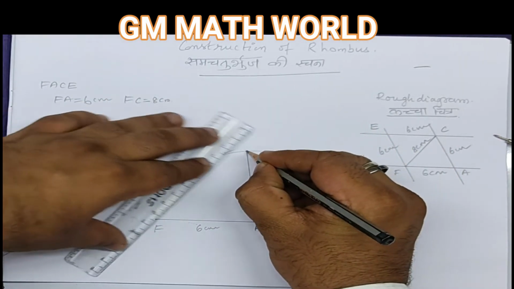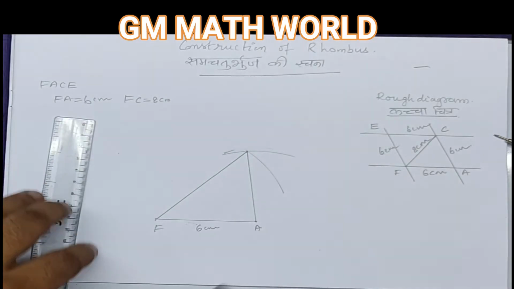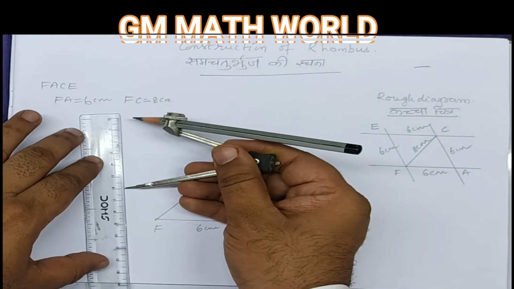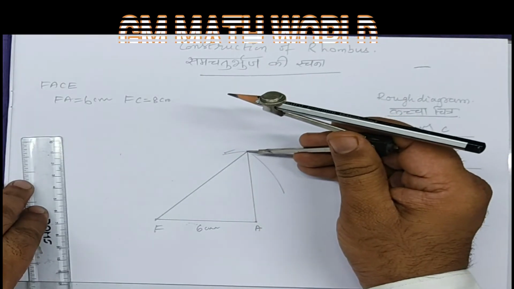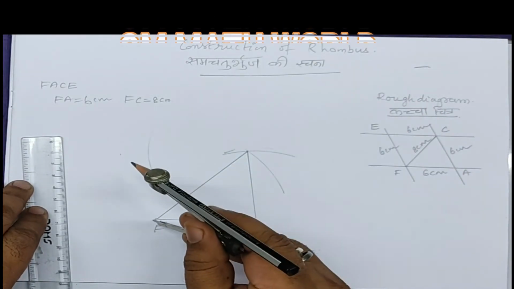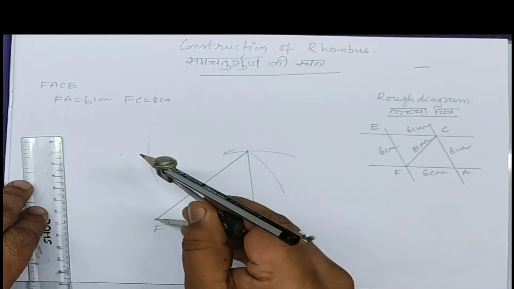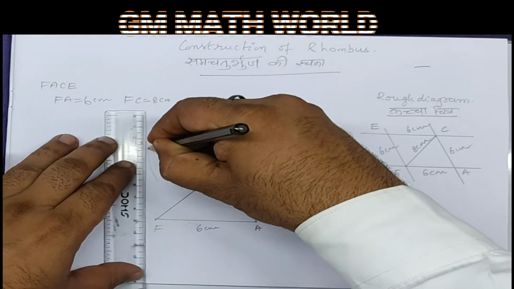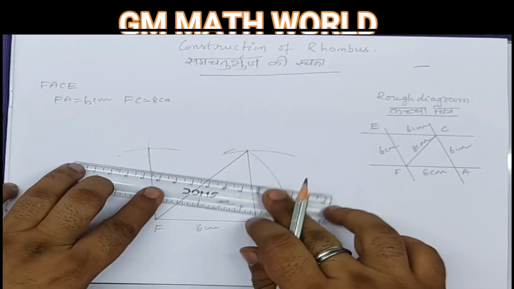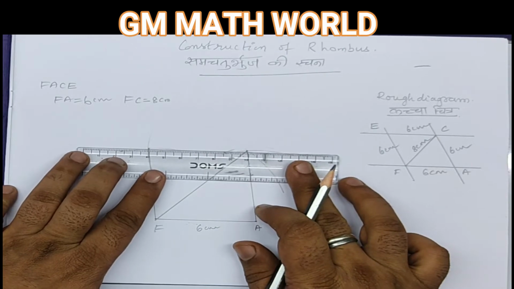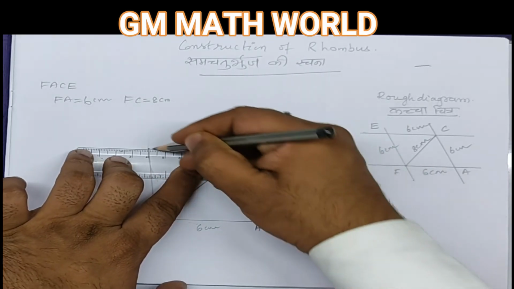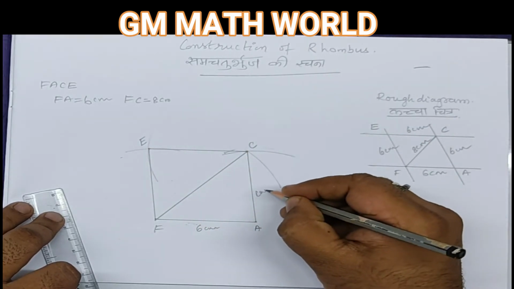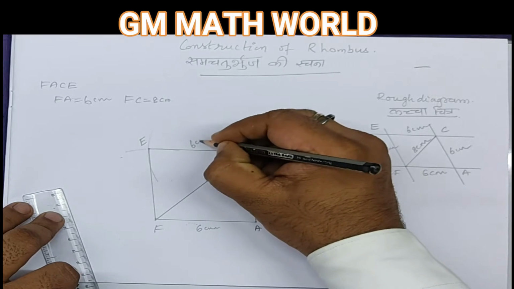After joining AC and FC, again 6 cm in the compass, draw an arc from C as center and another arc from F as center which intersects the previous arc drawn from C. Now the point of intersection is E. Join FE and CE. Now the required rhombus FACE is completed.